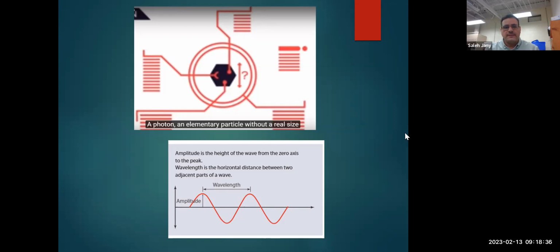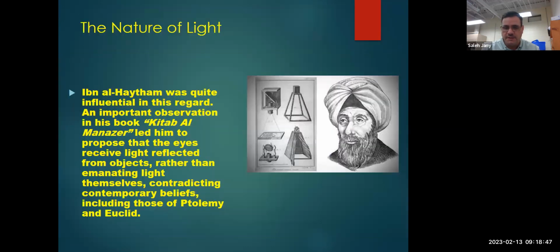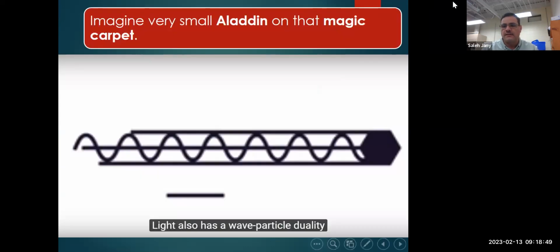So that's a wave, and one of the books said it's just like Aladdin riding on the magic carpet. So Aladdin is the particle and the magic carpet is the wave. So it's a dual effect. It's wave and particle at the same time.